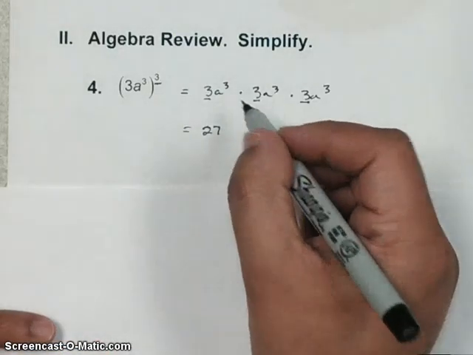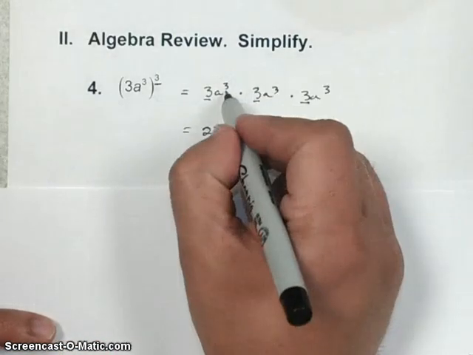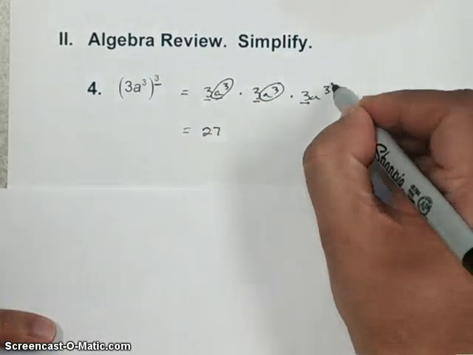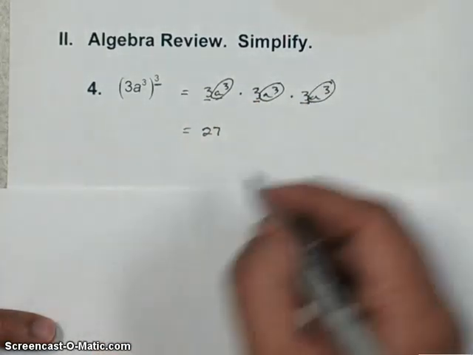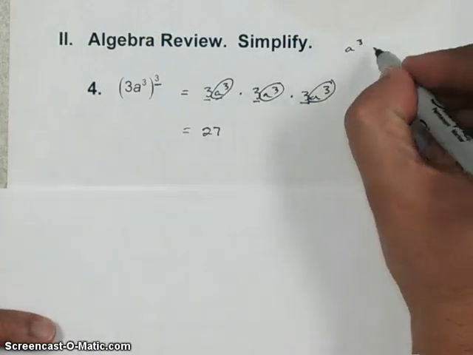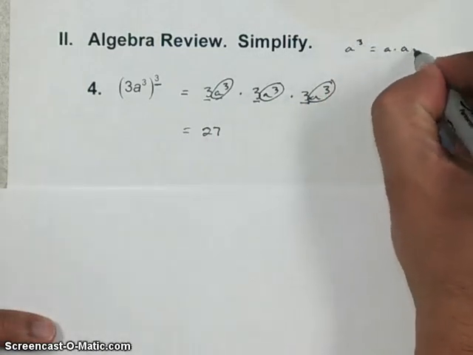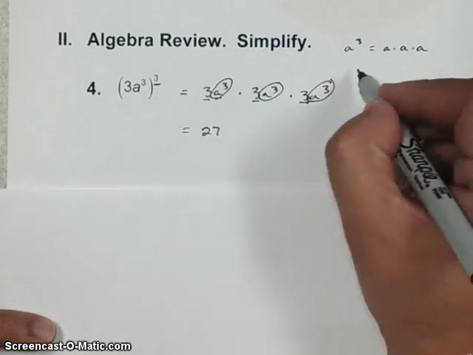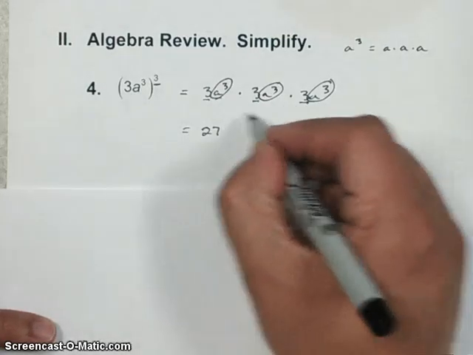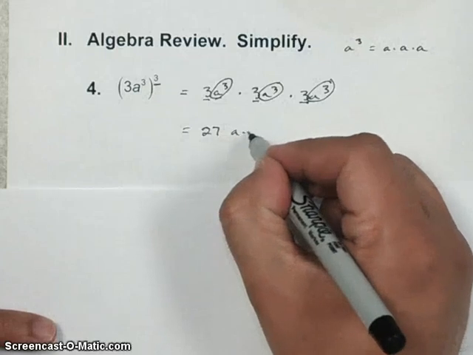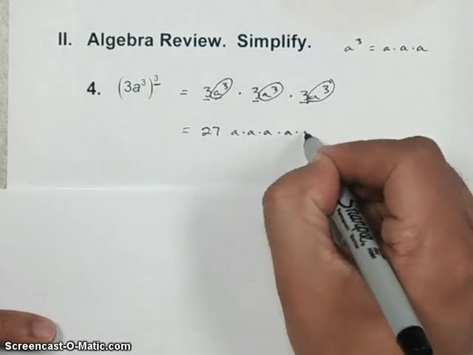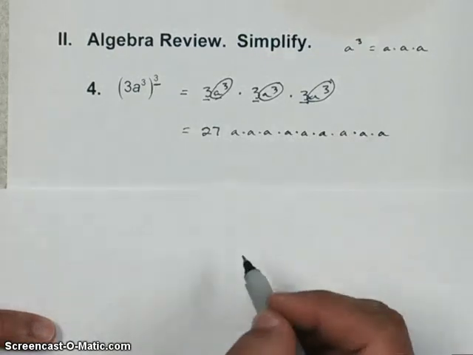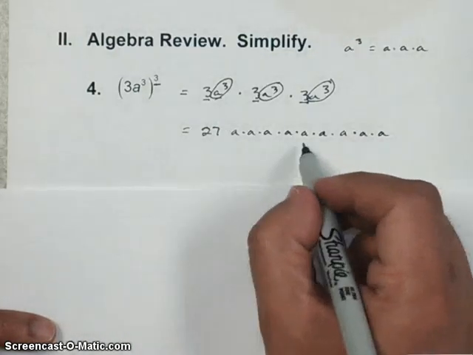And now the part you might have forgotten is these exponents right here. If I have a to the third, that means I have a times a times a, right? So I have 3 of those. So really what I have is a times a times a, a whole bunch of a's, and that means I have 9 a's.